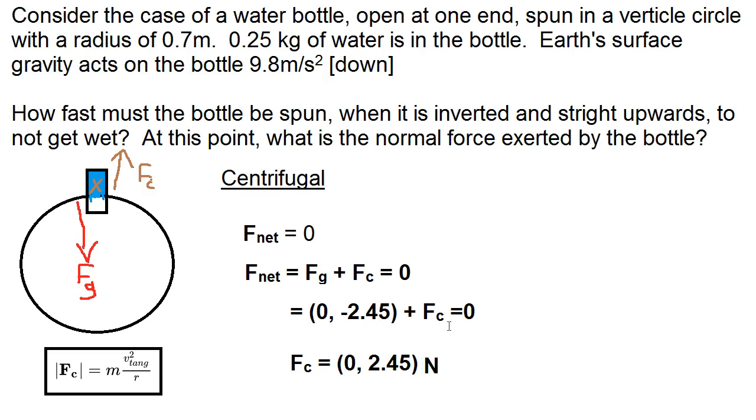Now, from this, just like before, we can extract out our speed in much the same way. The magnitude of our force needs to be equal to mv squared over r, and this must equal 2.45.